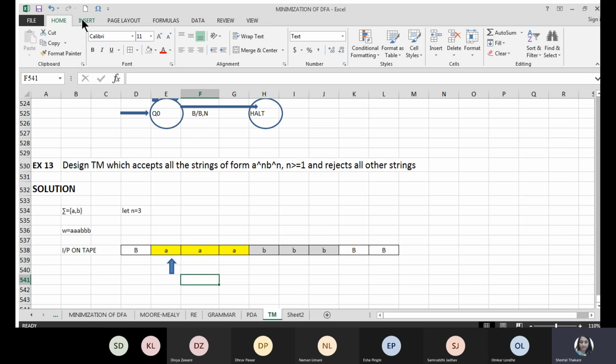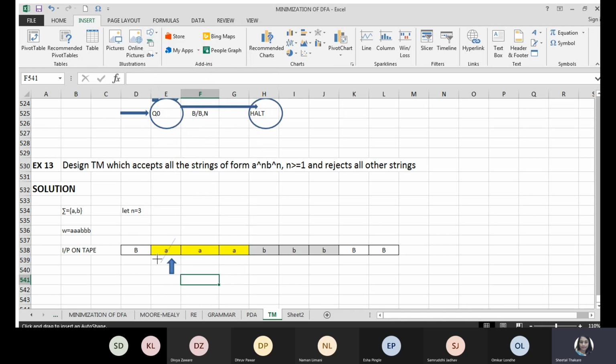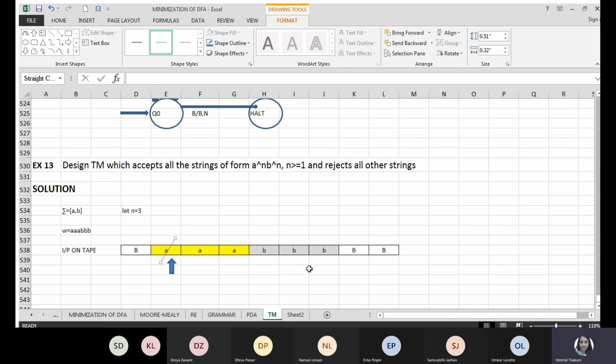So can you consider that for this A encountered, you will strike off one B and then again for this A encountered, you will strike off this B, and then again for this A, you will strike off this B and then again you will come for A which is not there and then you will go to the right end to make sure that B is also not there.